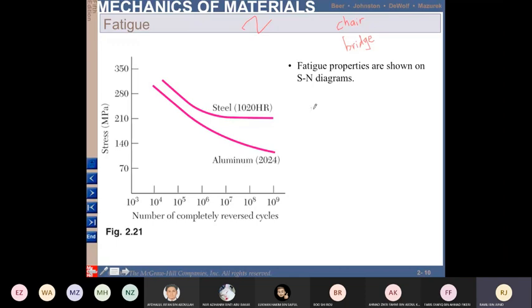For example, you make a chair, and the maximum load that this chair can support is 100 kilogram. When you use the chair, if the person who will sit on this chair has a load less than 100 kilogram, for example maybe 50 kilogram only, this chair will not fail.